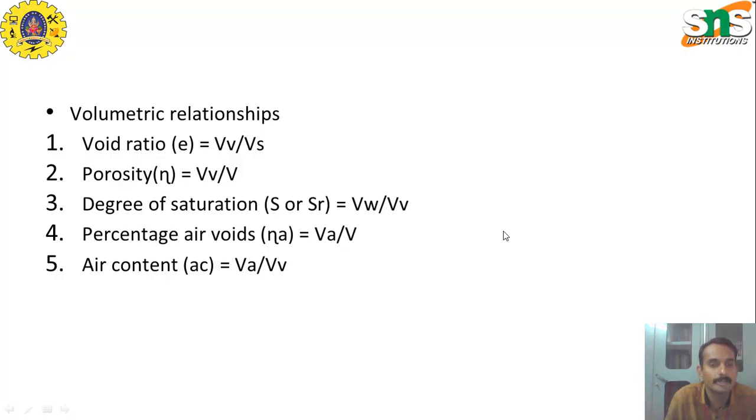It is defined as the ratio between volume of voids to the total volume. A slight difference between void ratio and porosity is to be considered. Both represents the void space only, but void ratio is the ratio between volume of voids to the volume of solids, whereas in case of porosity, the total volume is considered.